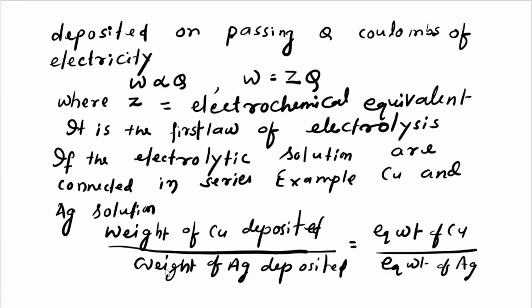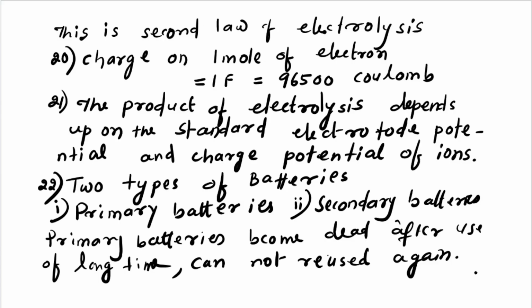The weight of copper deposited divided by the weight of silver deposited is equal to the equivalent weight of copper divided by the equivalent weight of silver, when the same Q coulombs of electricity is passed. This is the second law of electrolysis.